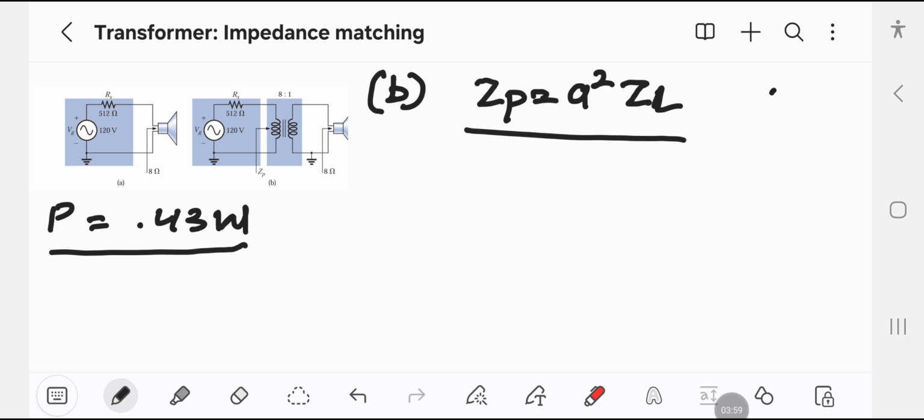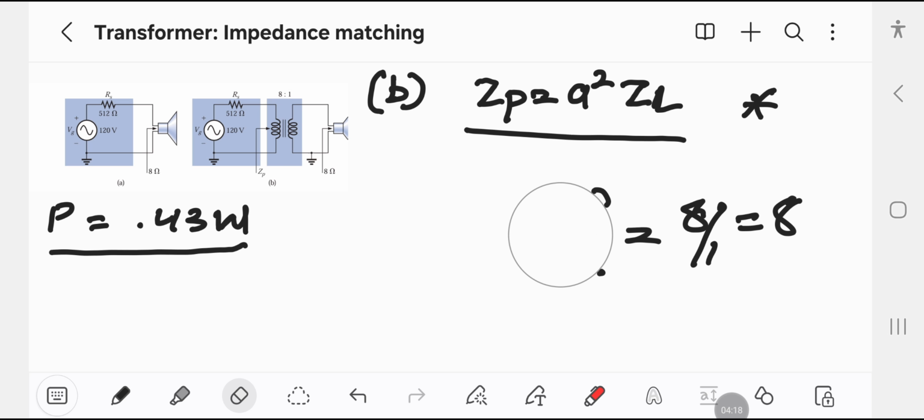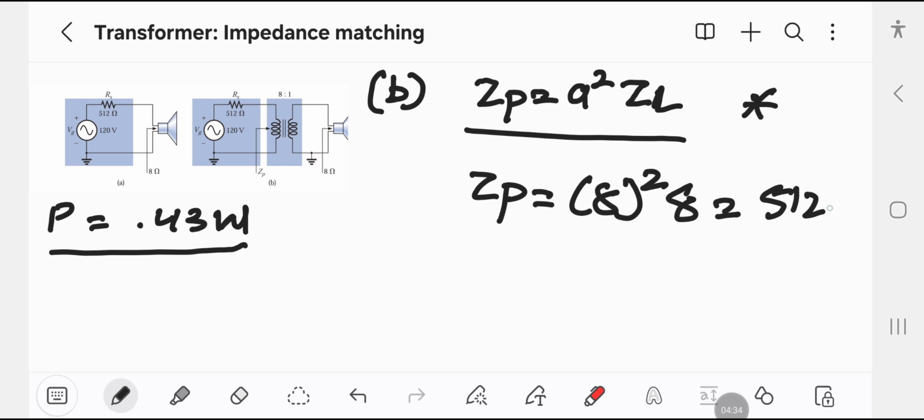Now the turn ratio is equal to this one. Putting this turn ratio in the equation, we get the primary impedance, which is almost equal to 512 ohm.